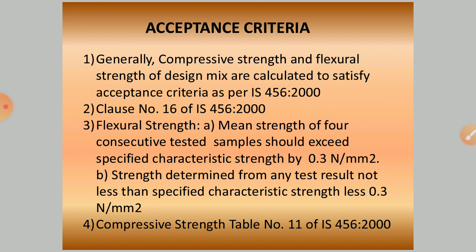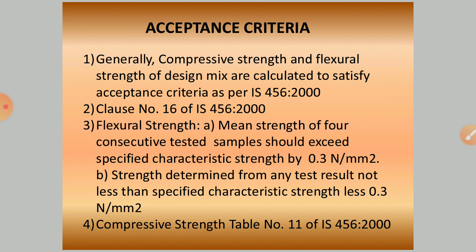For flexural strength, suppose you have tested 4 consecutive samples. The average of these 4 samples should exceed the characteristic strength by 0.3 Newton per mm square.